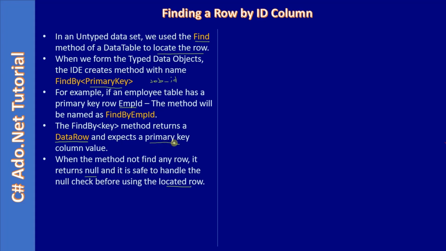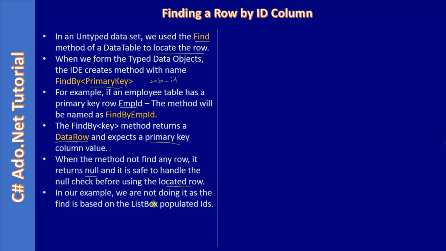We supply a primary key, and there is a possibility that the supplied key doesn't exist in the table. That means we don't find a row. In that case, the FindBy key method returns null. So that's why you can check the located row to test whether it is null or not. If it is not null, you can use the located row.